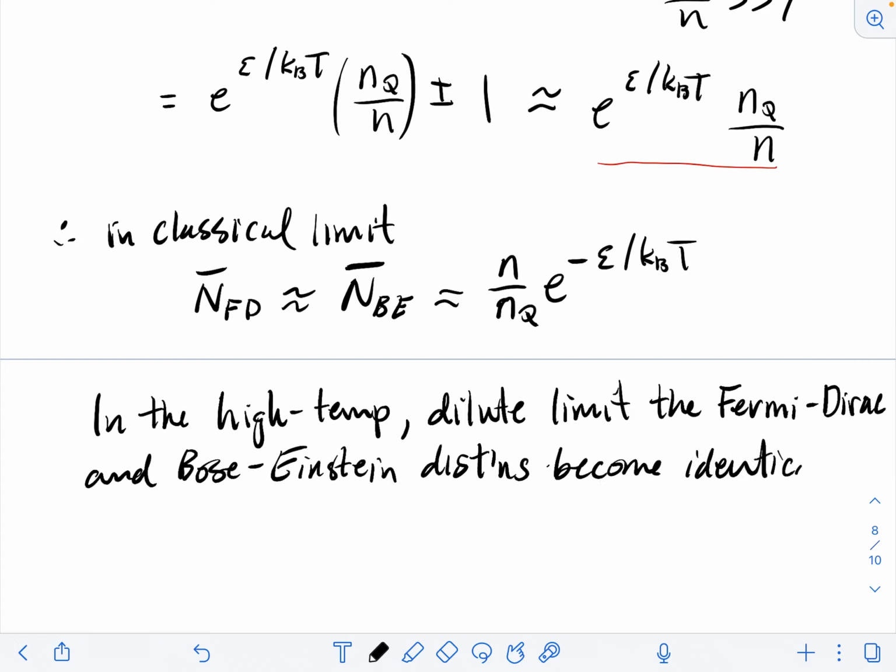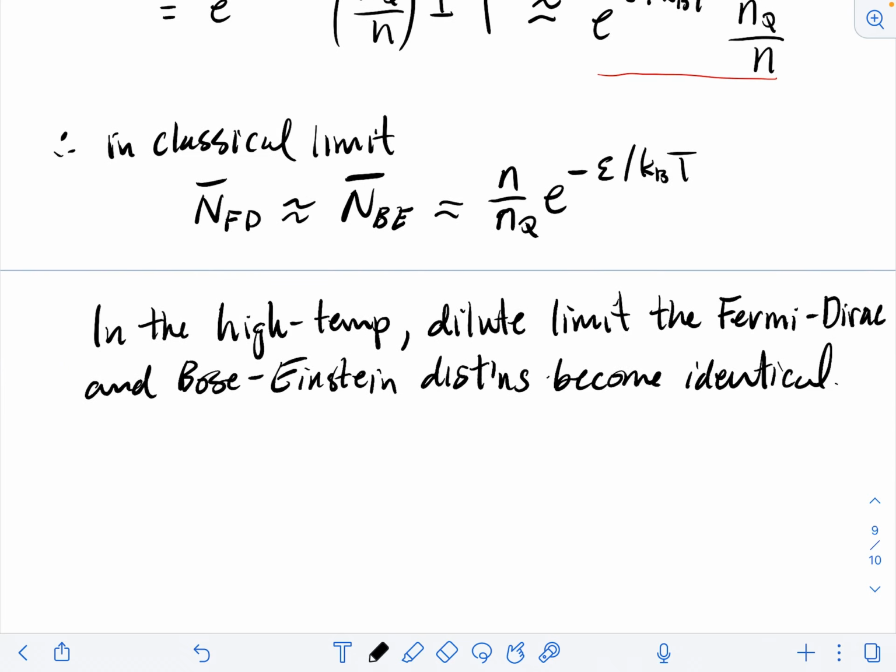That shouldn't necessarily come as a surprise, because when you took your classical thermodynamics course, you never talked about the fact that there were bosons and fermions, and that it was important which type of particle we were working with. It didn't matter. A gas of helium-3 and a gas of helium-4 behave in the same way in this classical limit. And so we don't need to worry about what type of particles these are in our gas.